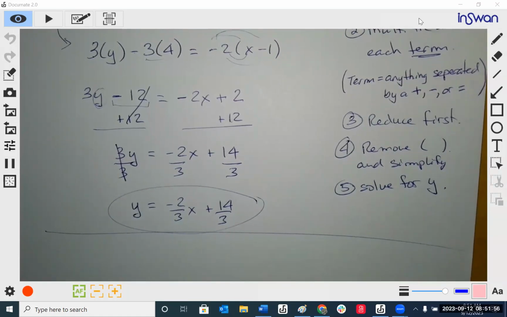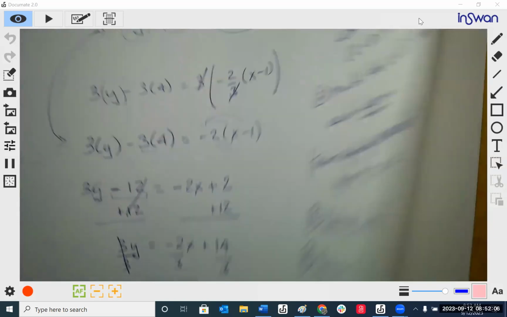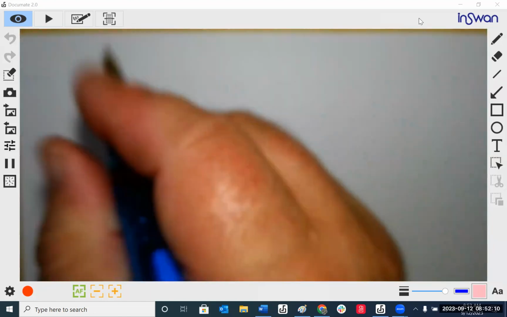You want to try another one? This time with all fractions. I'll get a clean page here, so we have the whole sheet to work on.